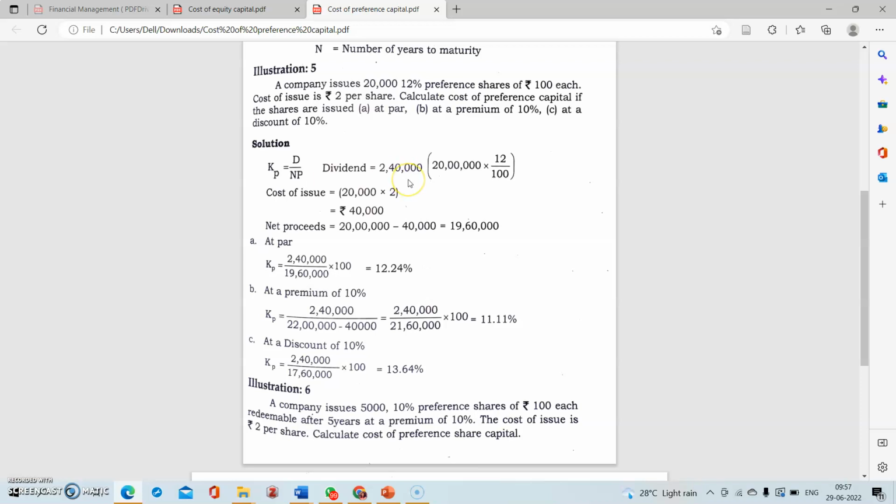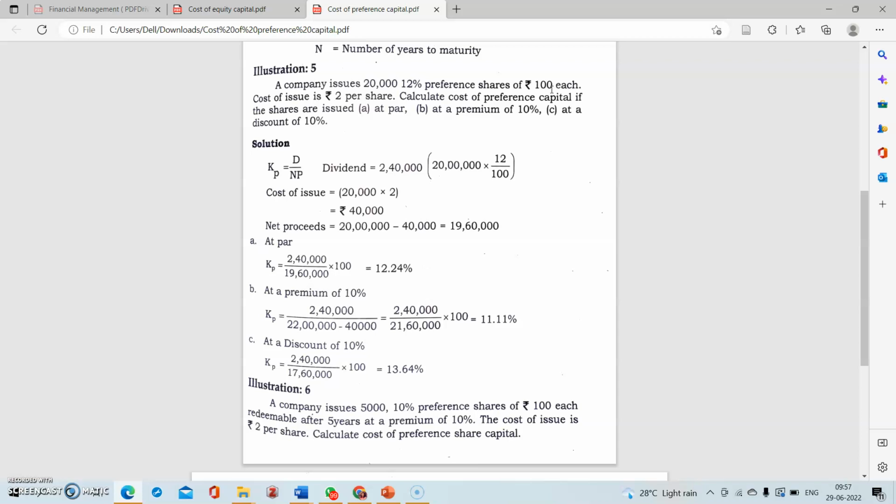Now you are going to find out the dividend. This is the number. Always remember, if it is not given as rupees, then you will have to multiply with the face value. So 20,000 into 100 is the par value. Always you will be paying interest on debentures and dividend on preference shares on the face value only.